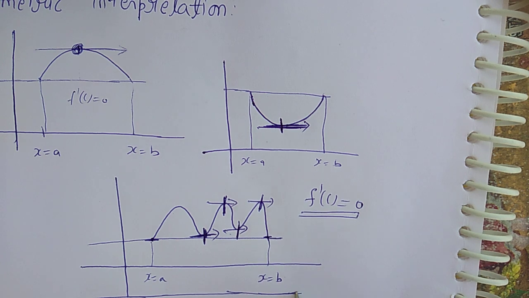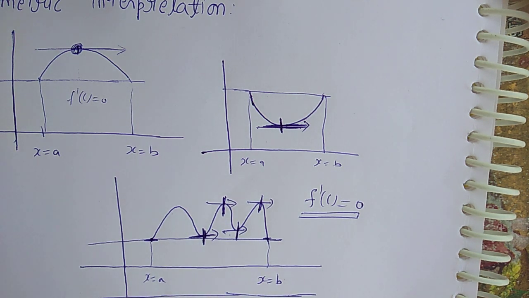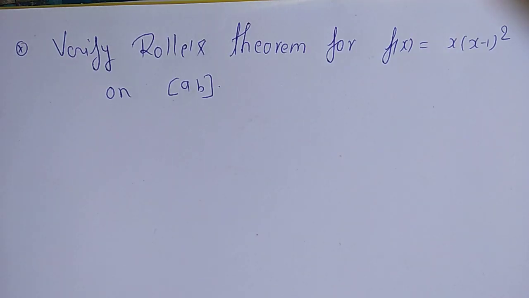Let us see one example. The question is, verify Rolle's theorem for f equal to x into x minus 1 whole square on closed interval a b. Or it can be in other form, find the c which satisfies Rolle's theorem.